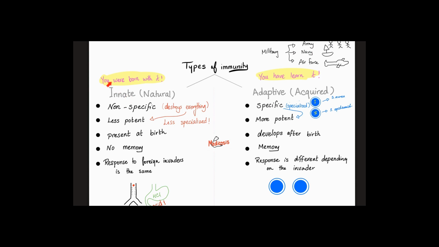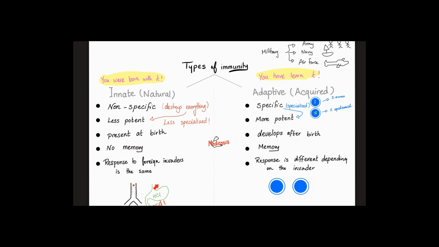Tell me about the innate. You were born with it. It's non-specific, present at birth. It's less potent. You know why? Because it's less specialized than the adaptive. Okay, I'm not specialized, therefore I'm not very strong. I don't remember what happened yesterday or the day before. Anytime I see something that I don't like, I just go and destroy it. I don't care whether I've seen it before or not.